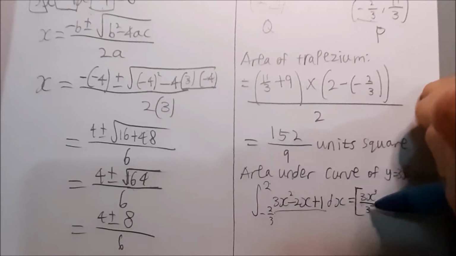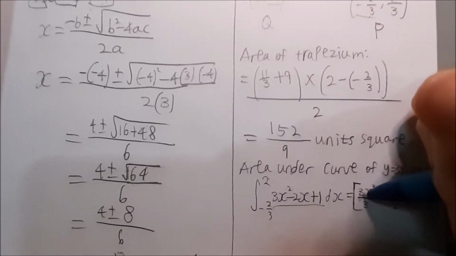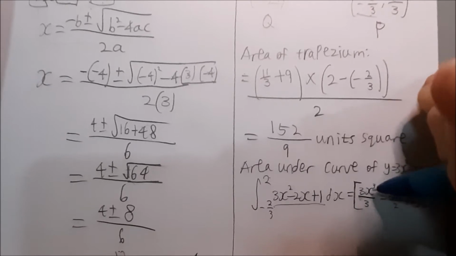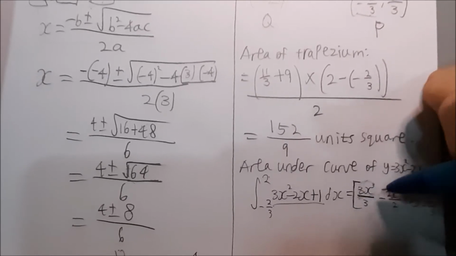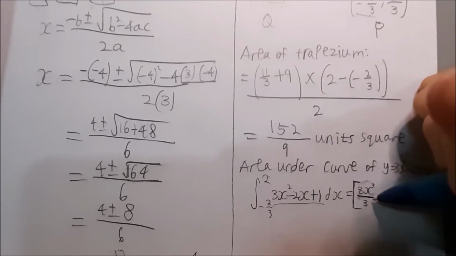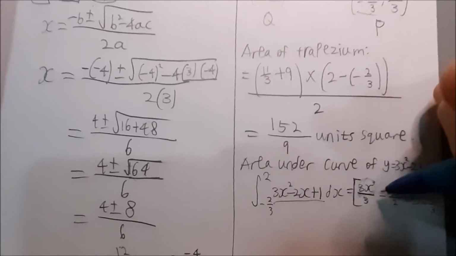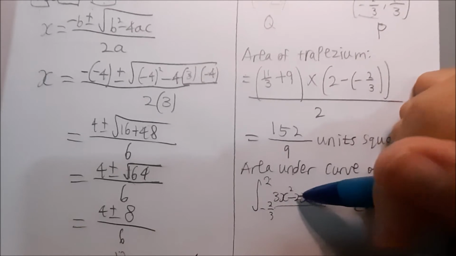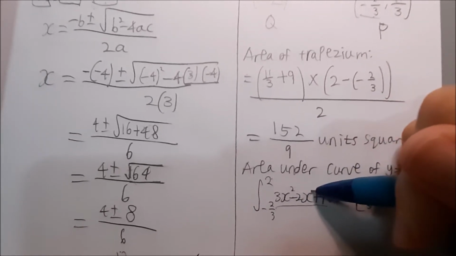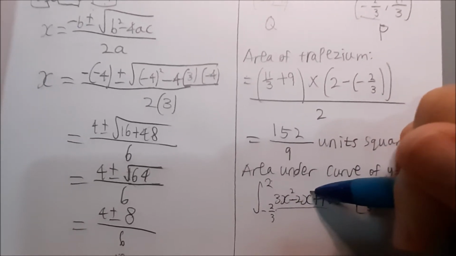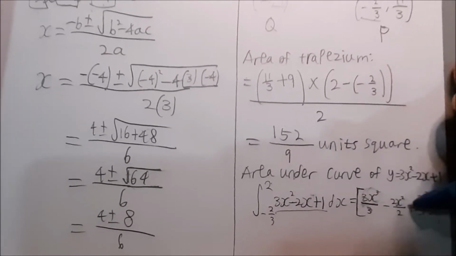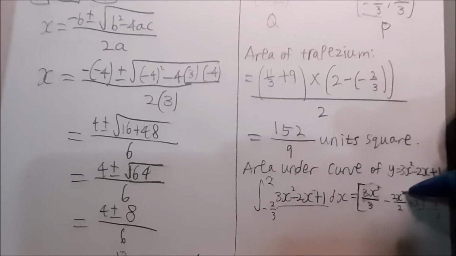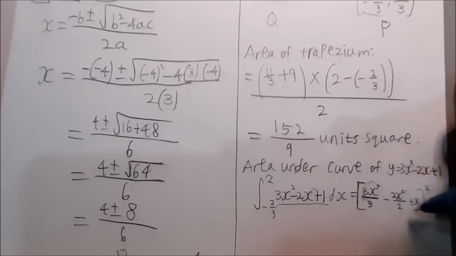And then you divide the whole thing by the power you just got, which is 3. So divided by 3. For minus 2x, you add 1 to the power, so 1 plus 1 is 2. Since the power is 2, you divide the whole thing by 2.